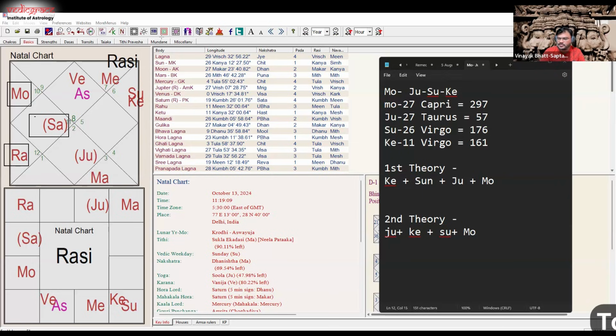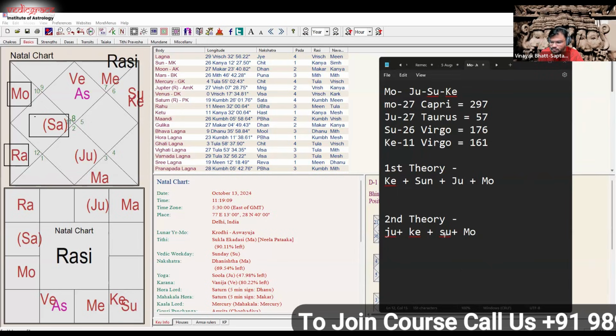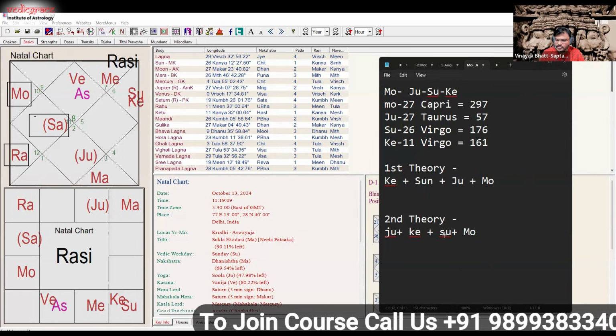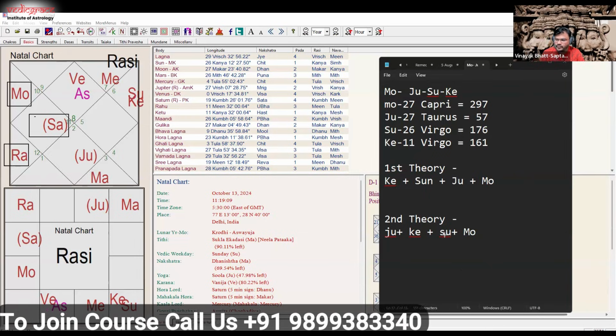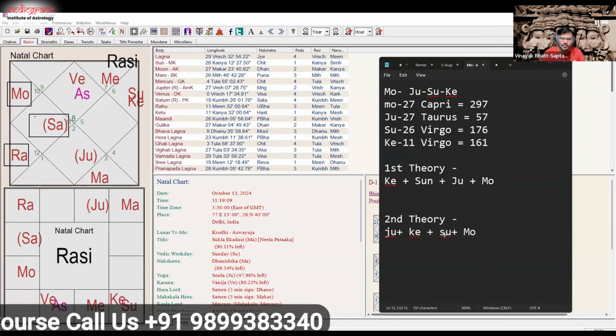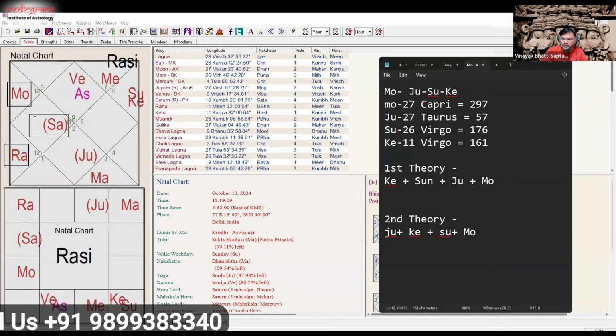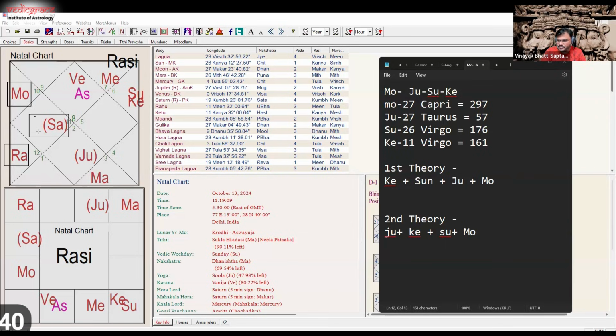Like by using this Jupiter, Ketu, Sun, Moon, obviously I can make predictions for the past and present, but not for the future. For future predictions, there is a second approach which says we can take the virtual movement of planet. Virtual movement means what? Moon in Capricorn, in future it will meet with the Saturn, the Moon plus Saturn, Moon plus Rahu, like this.